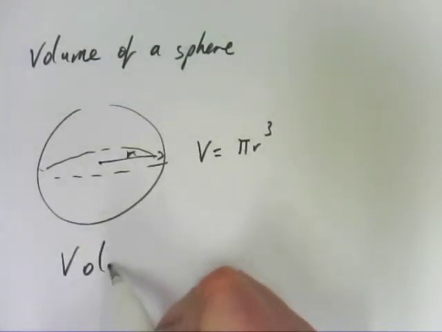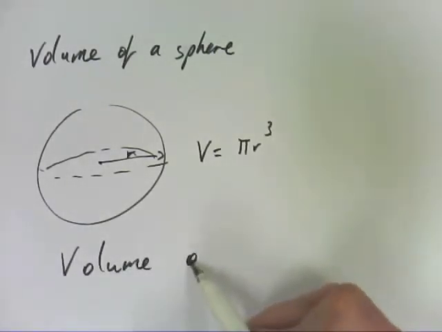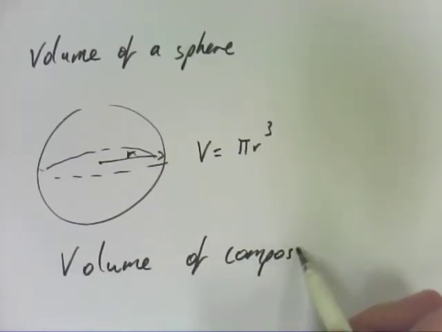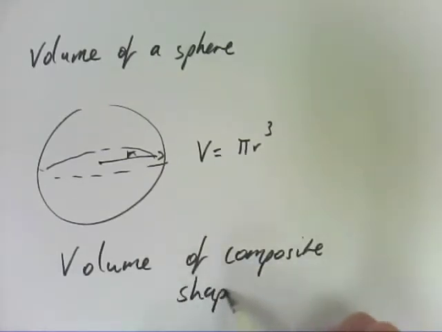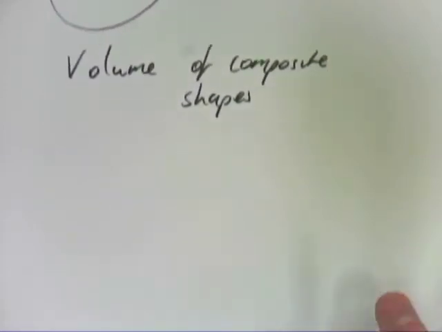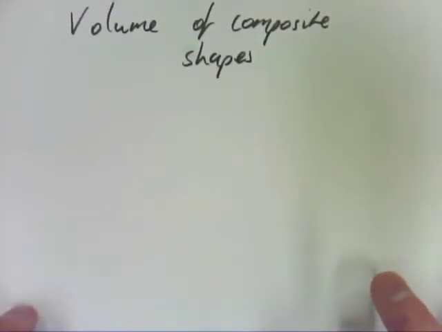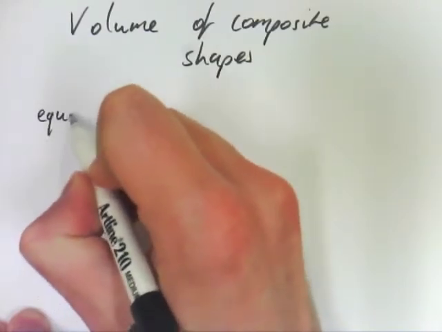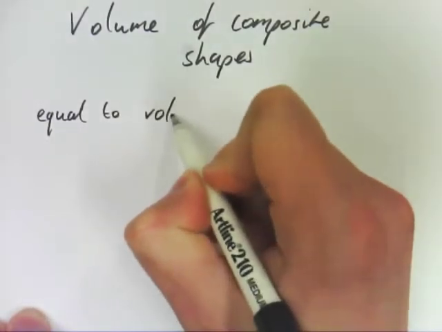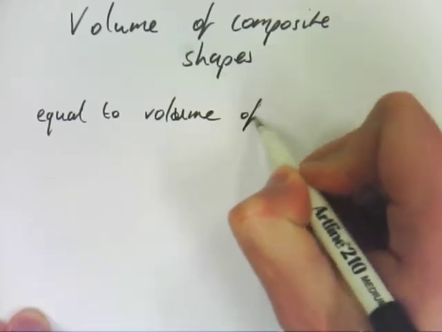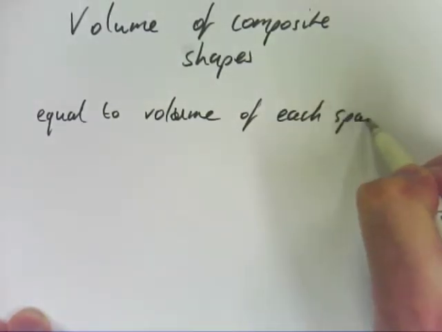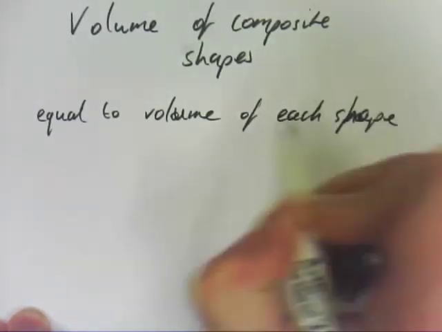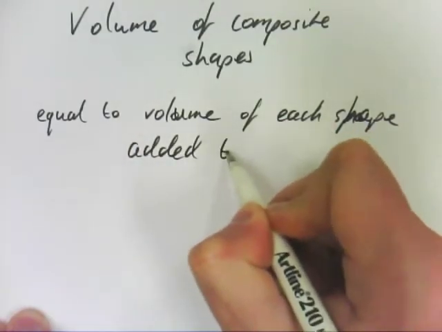What happens when you have composite shapes though? The answer is it's very similar to area of composite shapes. The volume of any composite shape is equal to the volume of each shape added together.